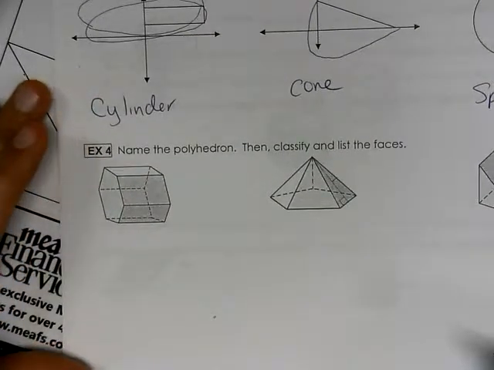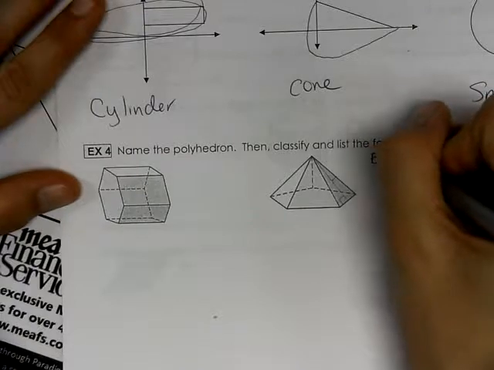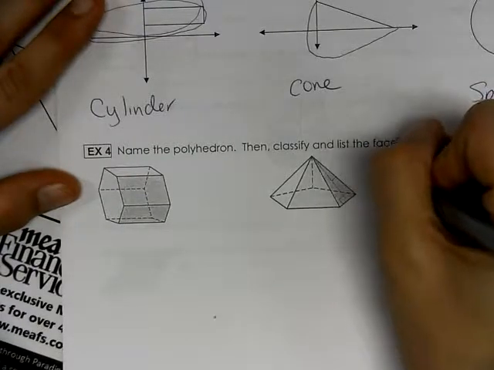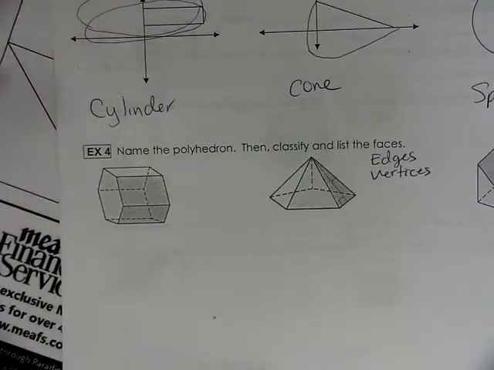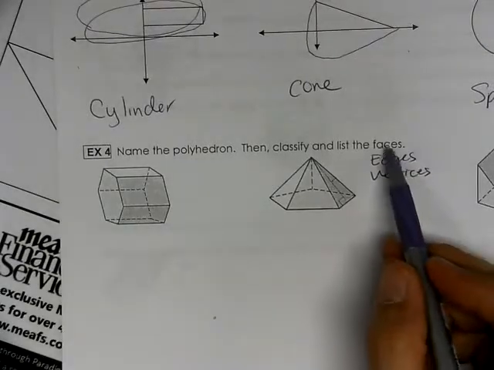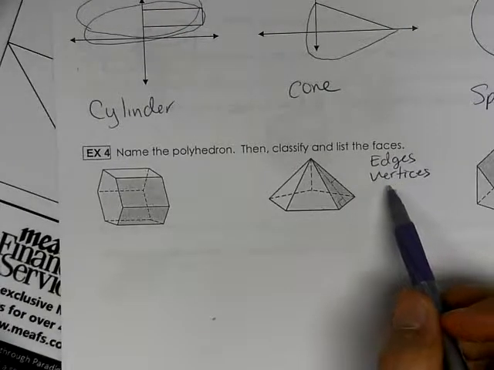Name the polyhedron and classify and list the faces. I'm also going to list the edges and the vertices, because that's part of your homework, to list the faces, the edges, and the vertices. There is a formula called Euler's method that will help you with the faces, the edges, and the vertices, because counting the vertices can get annoying.